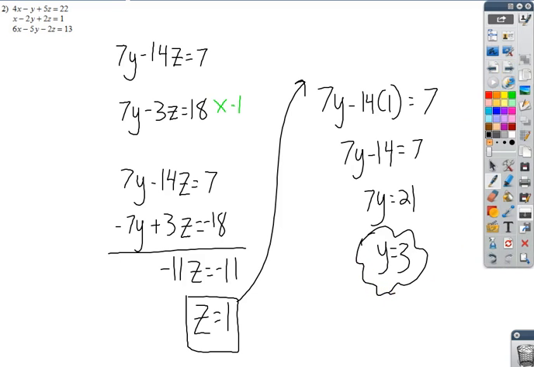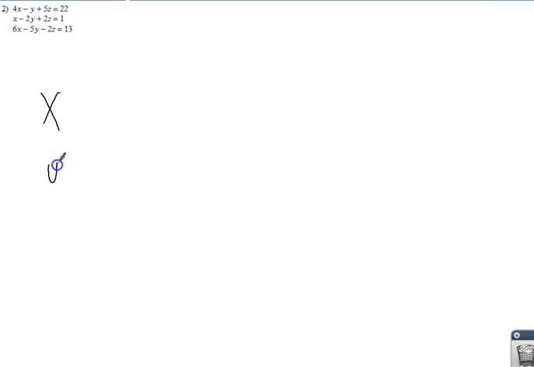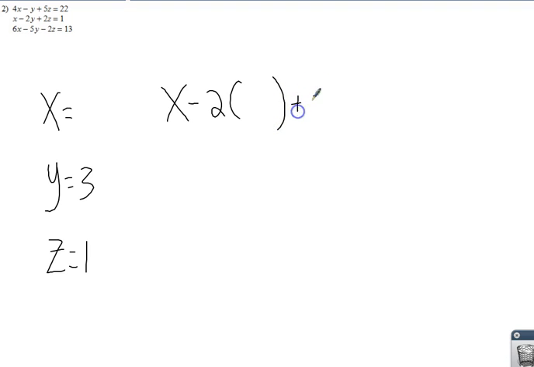Alright. So gathering that information, I want x, I want y, and I want z. Well, I've already found z being 1, y being 3. Time to find out what x is. I'm going to go to the middle equation again, simply because it has a coefficient of 1. Now, truth be told, it doesn't really matter which equation you use. I mean, you could do all of them if you really felt the need to.